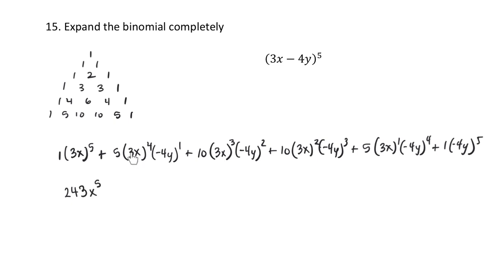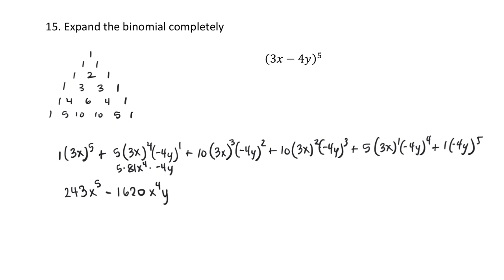Now here, 3x raised to the fourth power, we've got 5 times 81 x to the fourth times -4y. So we need to multiply the 5 and the 81 and the -4. So that's -1,620 x to the fourth times y to the first.